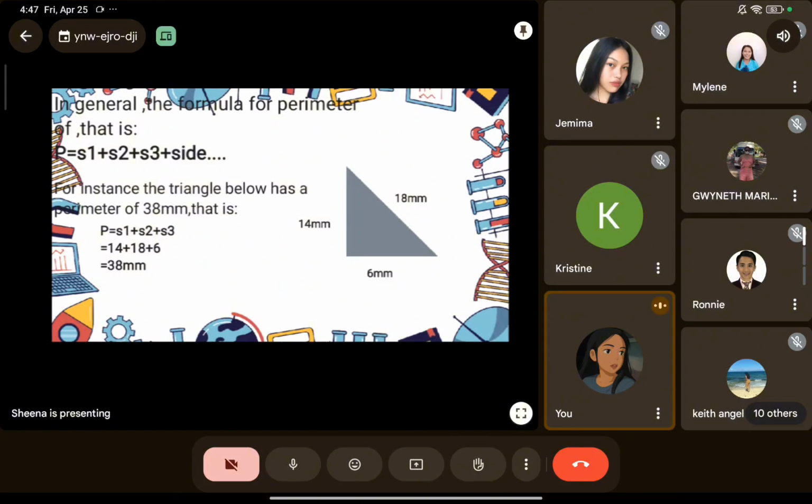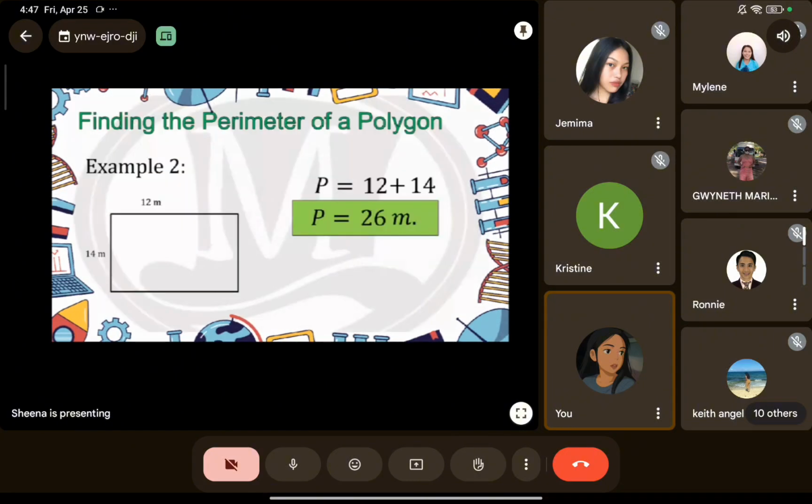Please go next slide. So, finding the perimeter of a polygon. Example 2. Here we have 12 meters and 14 meters. So, the 12 meters is side 1.